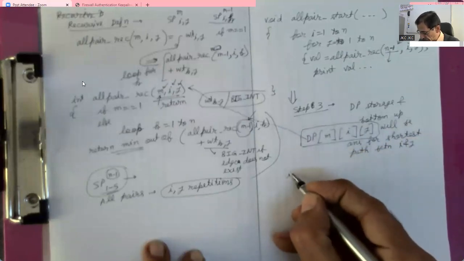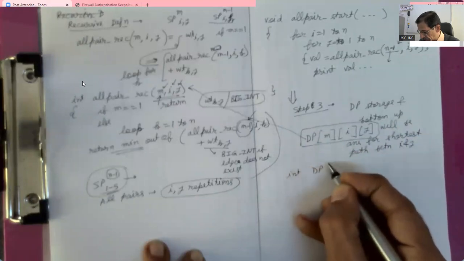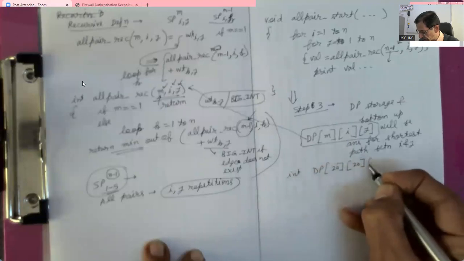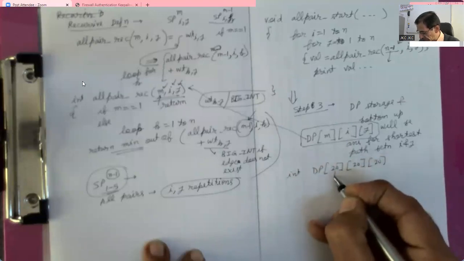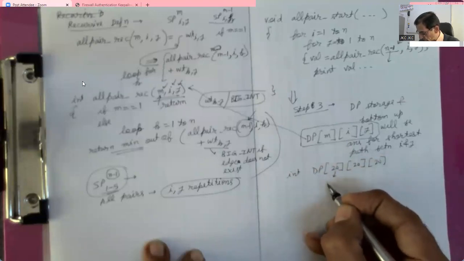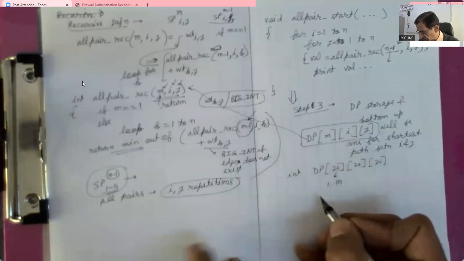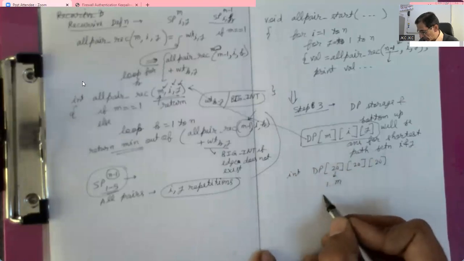So I need a 3D array int dp. Maybe let's say you will define 20, 20, 20 or 30, 30, 30. But what is actually needed is 1 to m. That means my size should be declared as m plus 1 at minimum.